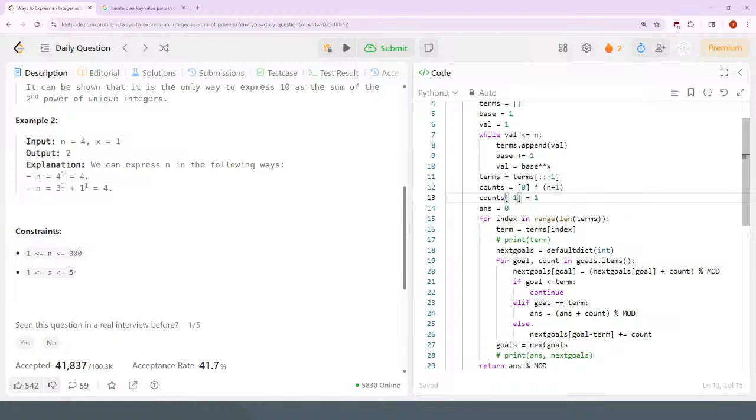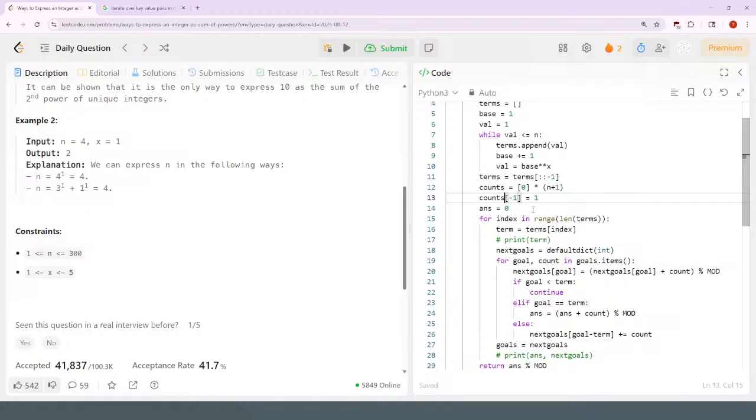And then for every goal index that's valid, do I need to order? It needs to be downwards. Every goal index that's valid.